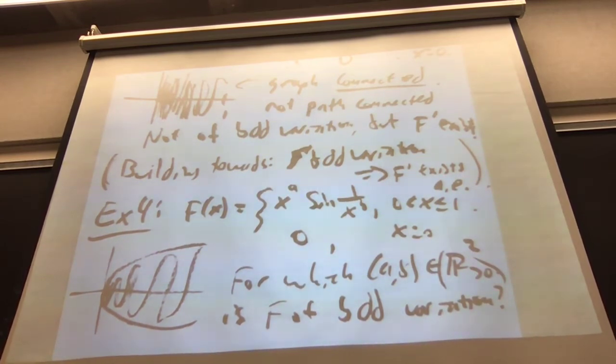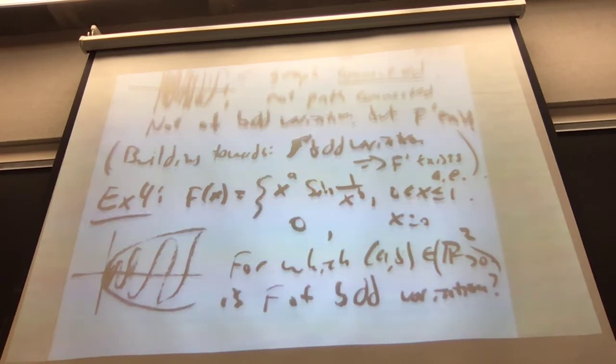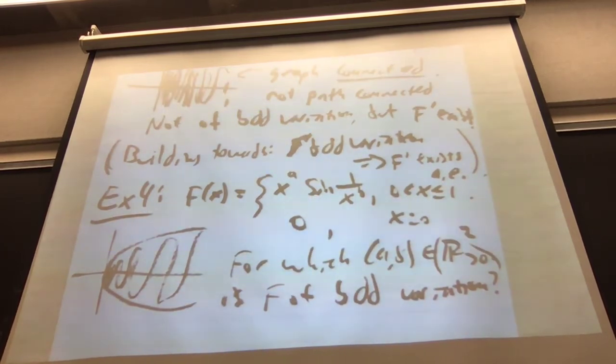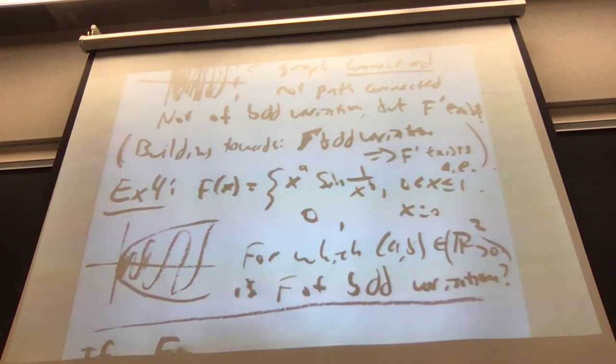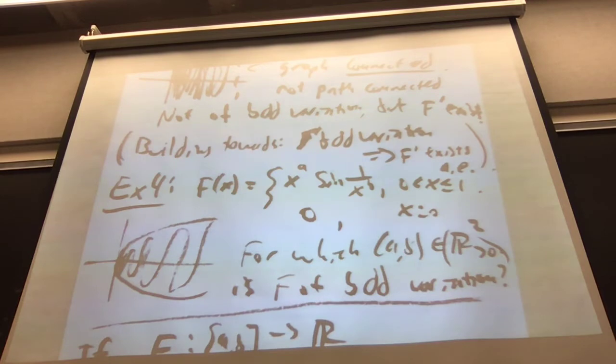We discussed total variation. Let's talk about real valued functions. If f is from [a,b] to R, then we can speak of the positive variation and the negative variation.